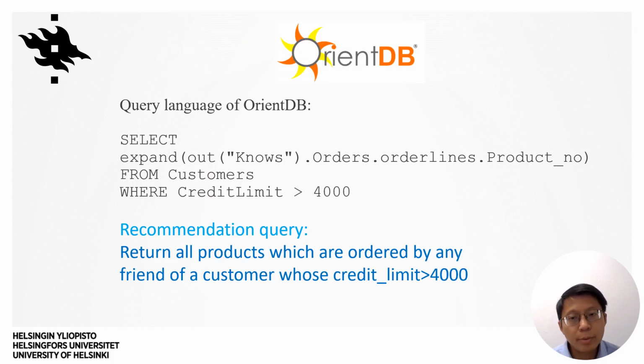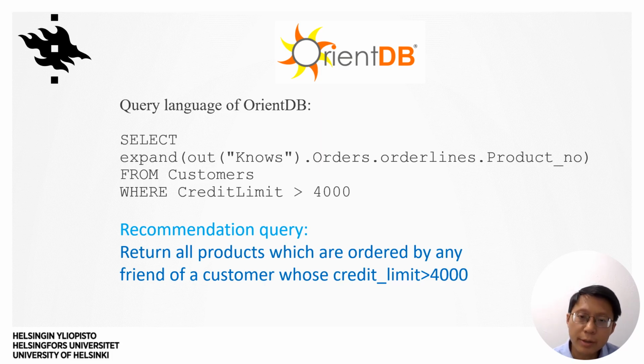Based on the previous query, we can write a query for OpenDB. From this query, we can see that it extended the SQL query, using select, from, where. Select expand outer nodes.